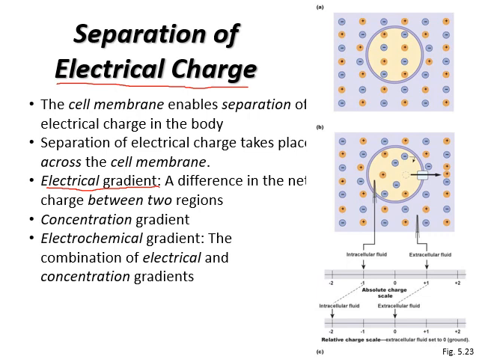Also, the membrane allows us to have a concentration gradient. We've seen that there is more sodium outside than inside, and the opposite for potassium, more potassium inside than outside. So this separation of charge and of ions allows us to maintain these gradients, and overall, it allows us to have what we call an electrochemical gradient. Electrical, and chemical, the concentration gradient of the ions.